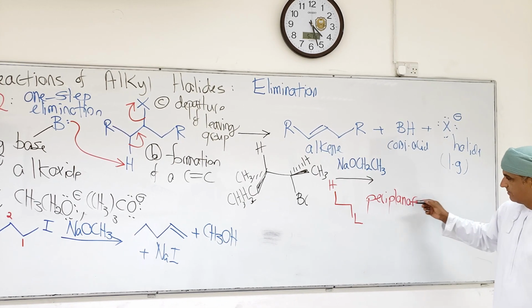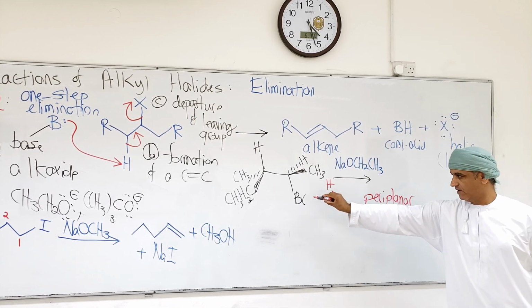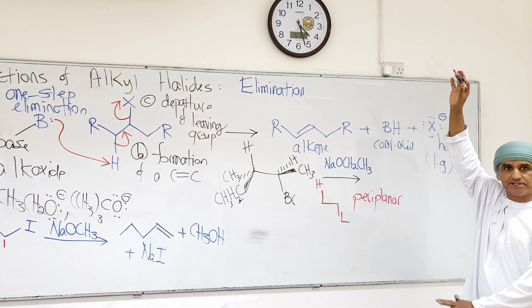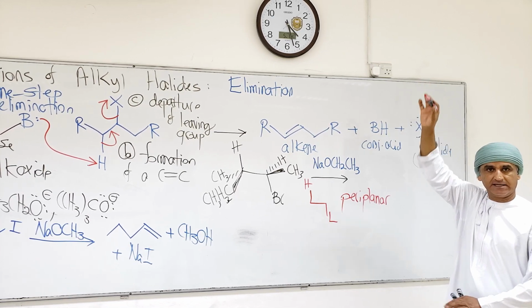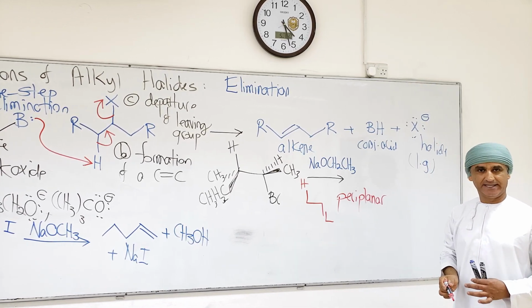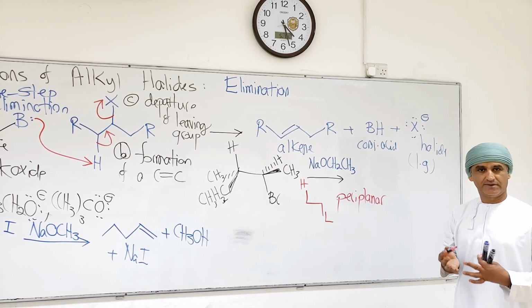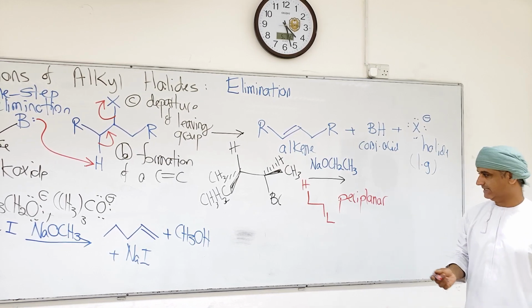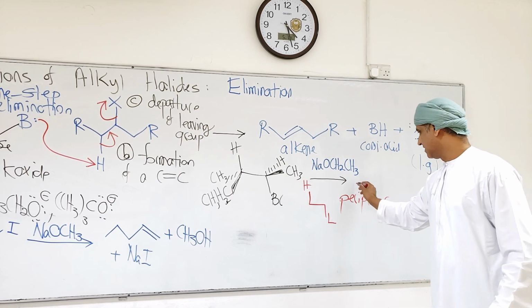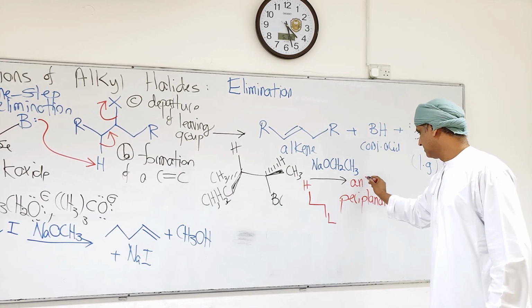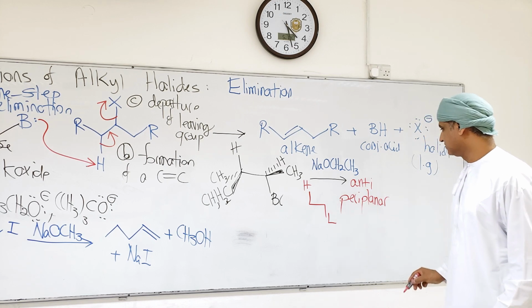If you look through the carbon-carbon bond, you will see that hydrogen and L are 180 degrees apart, and therefore that could be described as anti. So that's why this kind of conformation or geometry is anti-periplanar geometry.